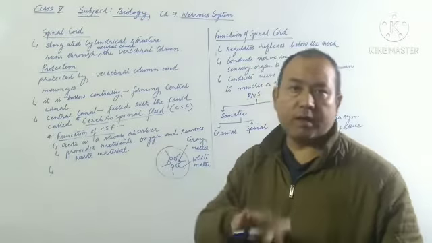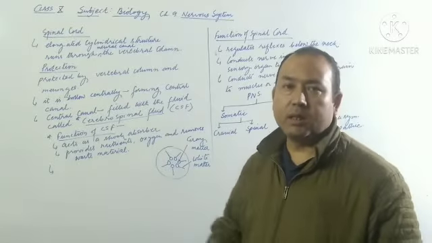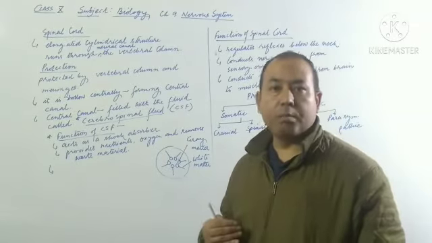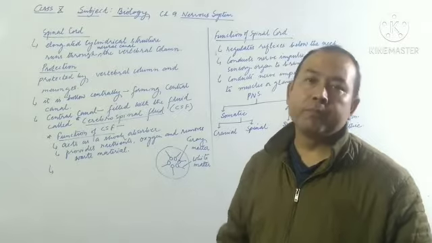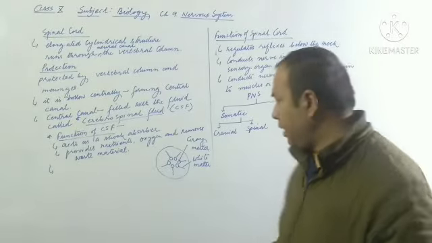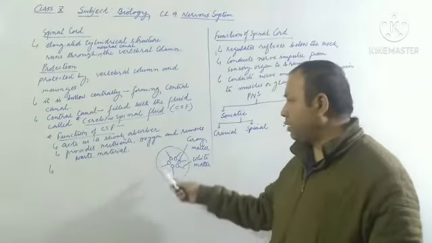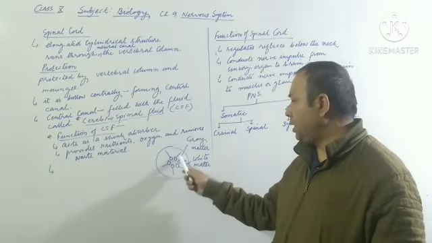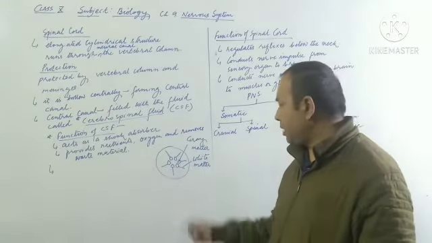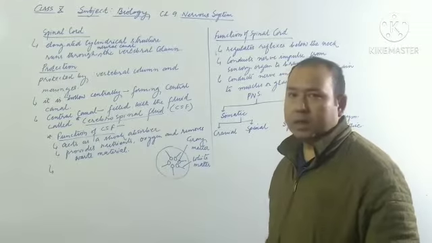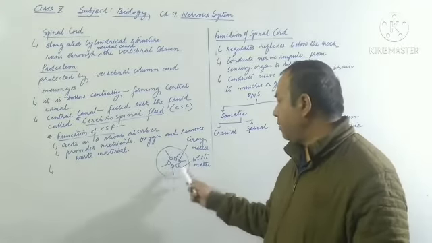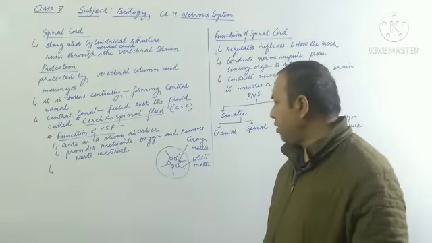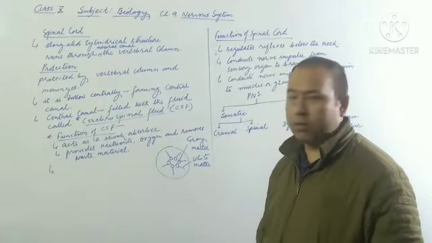Here a somewhat different arrangement is present: gray matter is present towards the medulla, the center, and white matter is present towards the periphery. I try to explain with the help of this figure. All the cell bodies are clustered in the central region, and the fibers, the axons, are present on the outer part of the spinal cord.